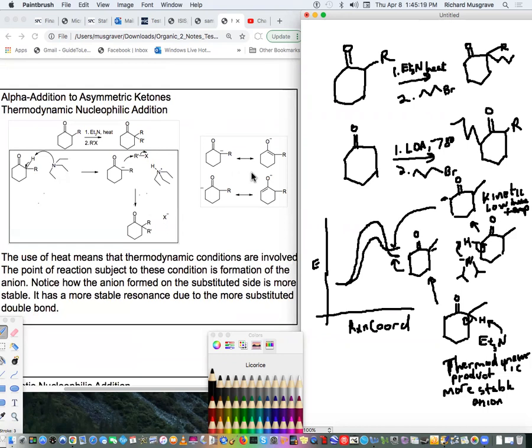I didn't understand what you're saying because I'm looking at it, and at the end, the double bond. Oh, okay. So the double bond is more substituted on top. It is on the bottom, which makes this anion, the one I'm pointing to, more stable than this one. And if that one's more stable, so is that one. Okay. Got it.